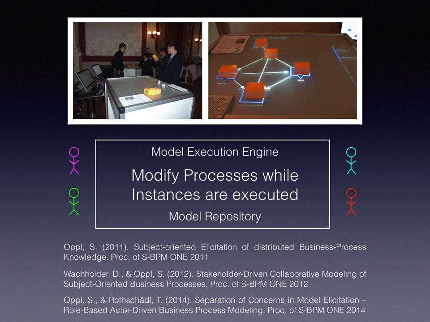So we've created, in the course of the Janus project that you might have seen on the first slide, which this research here is a result of, a workflow engine that allows us to modify the processes while instances are executed, and that allows us to play through a process and alter it on the fly.